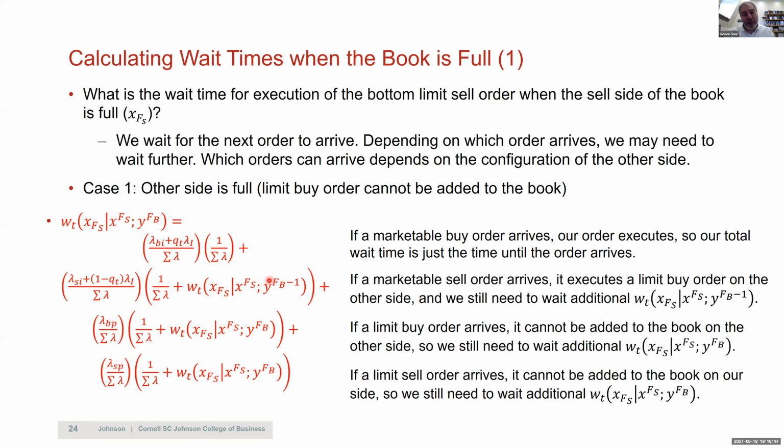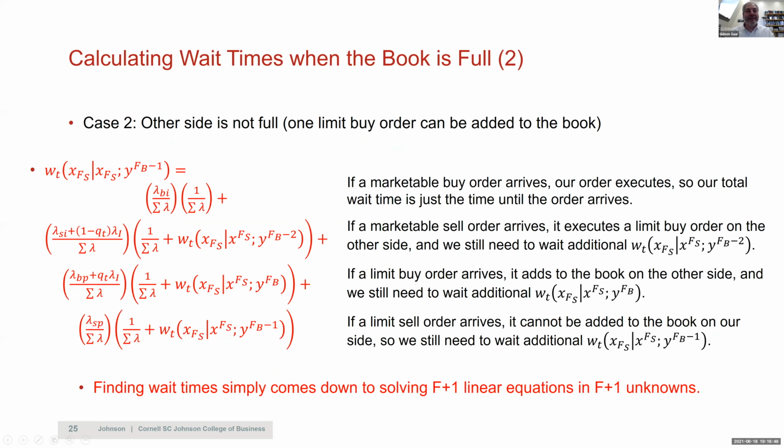All right, so let me try to find this one, the one with FB minus 1. This is another equation where I try to find the one with FB minus 1. And now, if a marketable buy order arrives, notice that it can only arrive from an impatient buyer because the book on the buy side is no longer full. So the informed traders, if they see a high order, will use the limit order. I'm going to be executing.